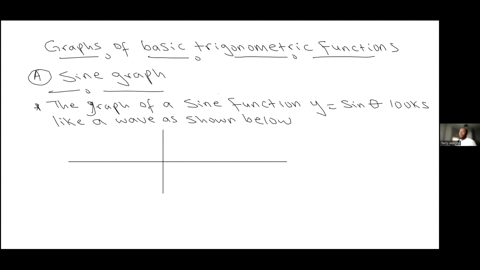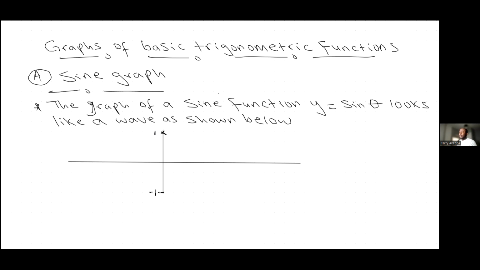What makes this interesting is that the maximum number you can get here is 1. So for every sine graph, the maximum you can get is 1, and the minimum you can get is -1. So you get values between 1 and -1. You can measure the angle either in degrees or in radians.